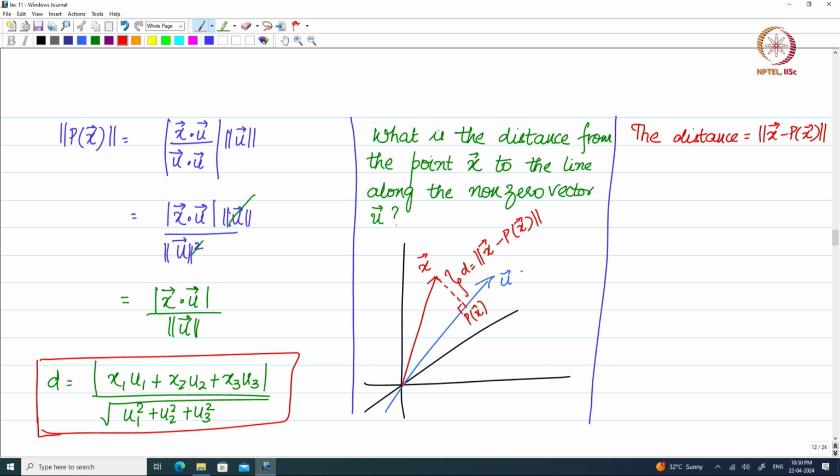We know from the idea of projections that x minus p of x is orthogonal to p of x.